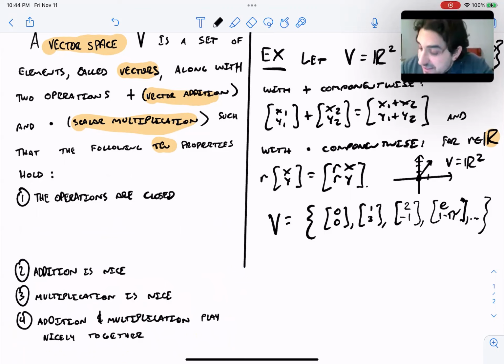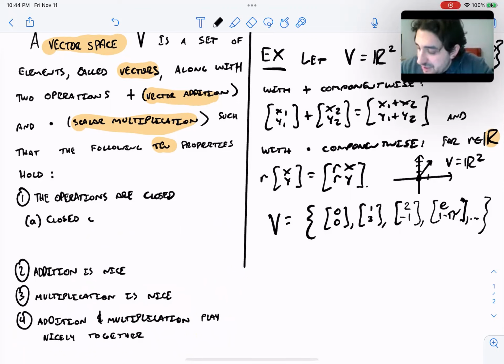So I said that the operations are closed. What does this mean? We have the 2 operations, plus and times. For V to be closed under plus, under this operation of vector addition, what do I mean by that?